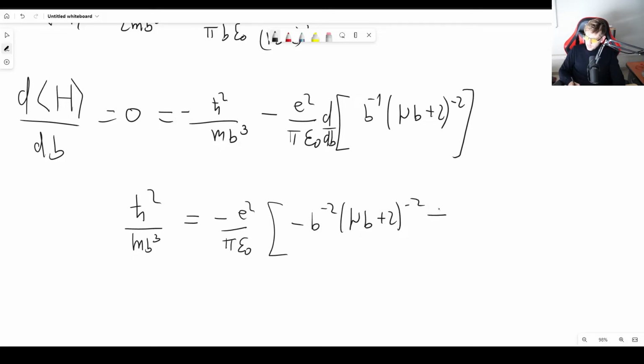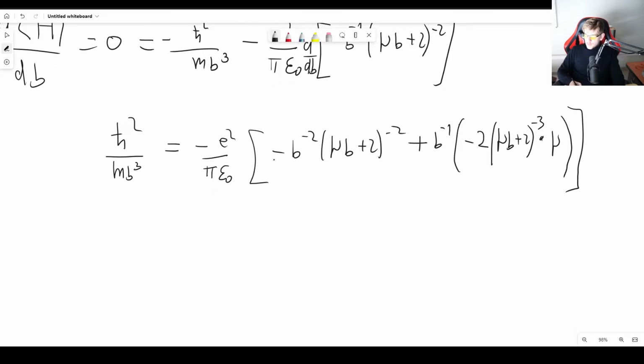Then we have plus, now b to the minus 1 times the derivative of this, which is going to be minus 2 times this entire thing to the minus 3 times the derivative of the inside, which is going to be mu, right? This is simply the chain rule.